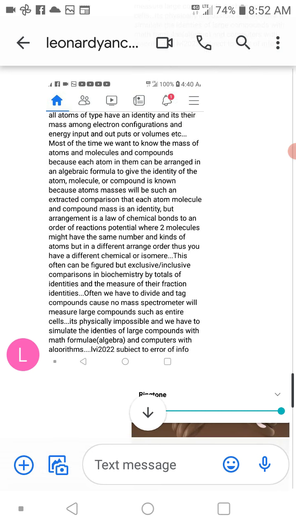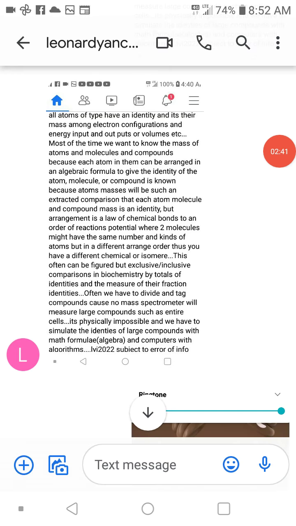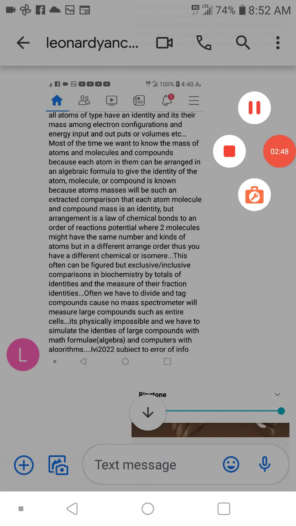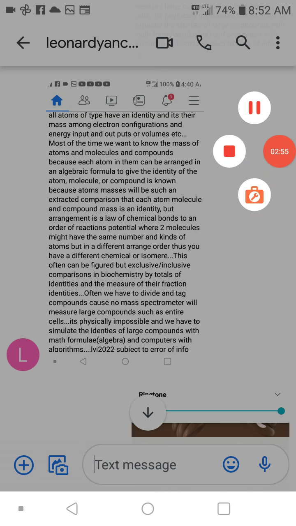Here's another one that I want to say. All atoms of a type have an identity, and it's their mass, electron configuration, and energy inputs and outputs. They have different ways of measuring atomic identities, all atomic, molecular, and compounds.